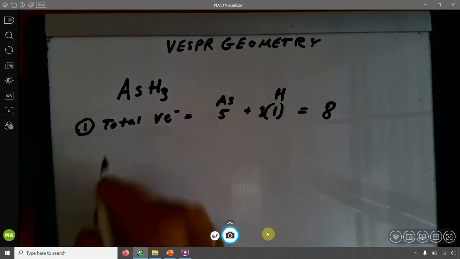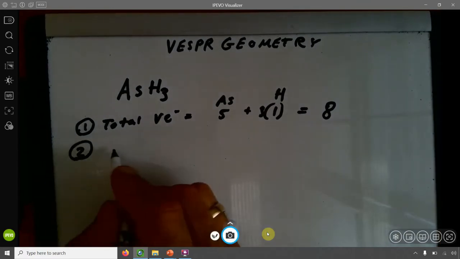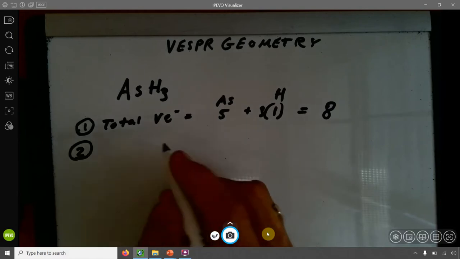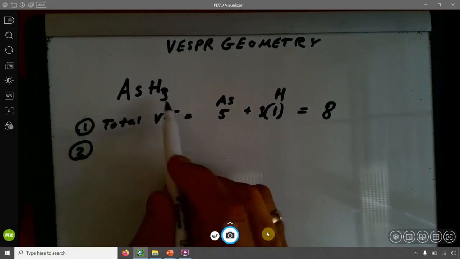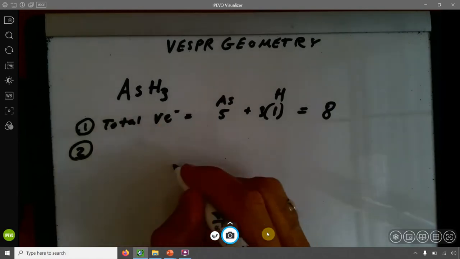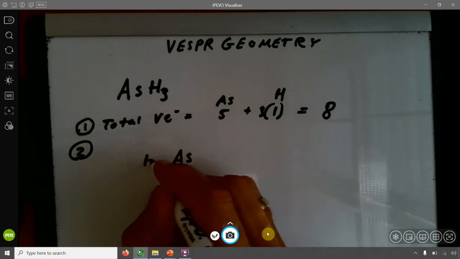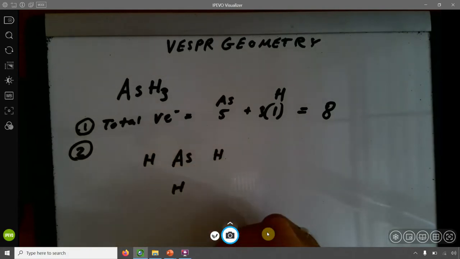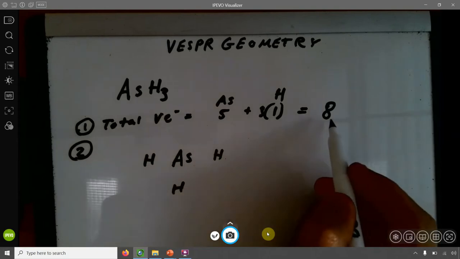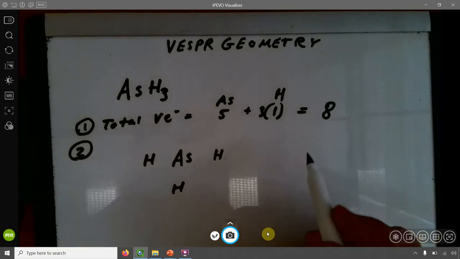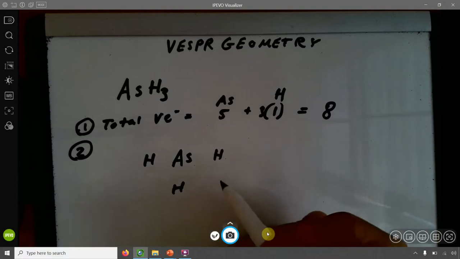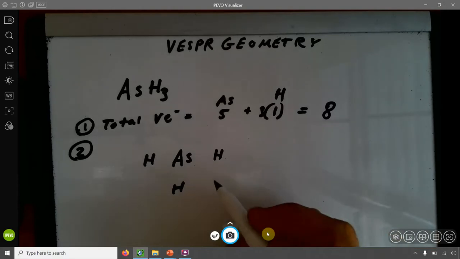Now I'm going to draw the skeletal structure with the central atom somewhere. It's probably going to be the As because the H's, there's 3 of them. So I'll put As in the center and I'll put 3 H's around it like this. Now the rule says take the 8, distribute them so that the wings get an octet. Remember, hydrogen is an exception. Hydrogen only wants 2.